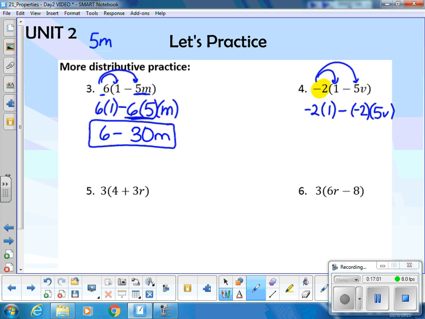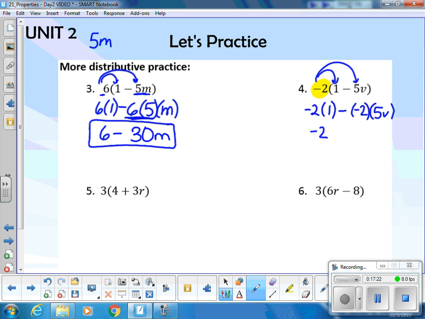That 5 and that V are going to tag along together. Even though in the first example I split them apart, you need to understand that that just means multiplication, so I can combine the 5 and the 2 by multiplying, and the V is just going to tag along. So if I look at this, -2 times 1, identity property, whatever I multiply by 1 stays the same, so that's just -2.